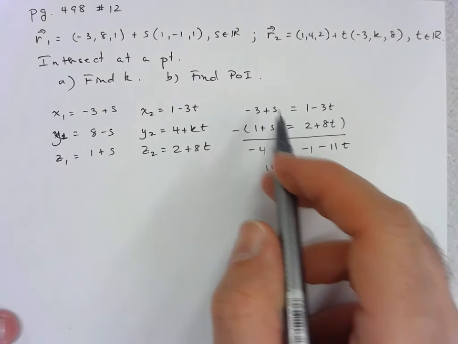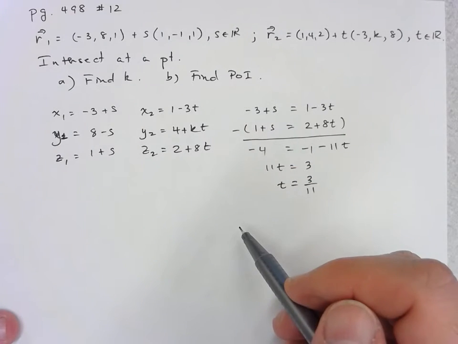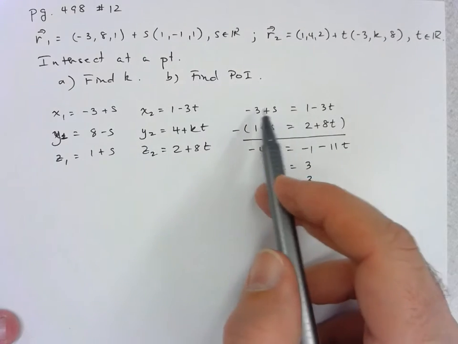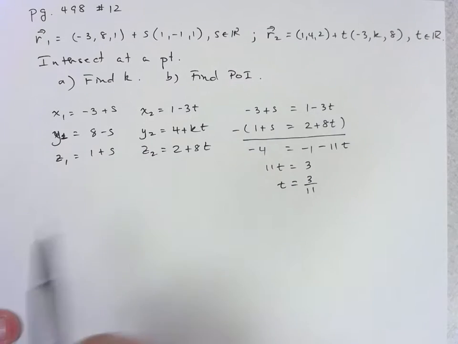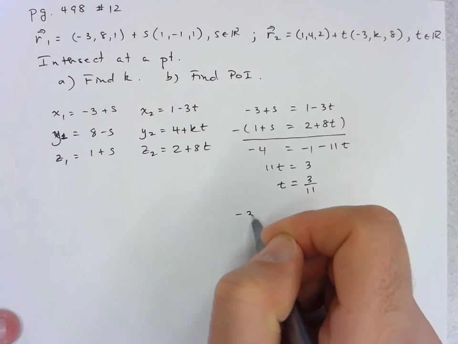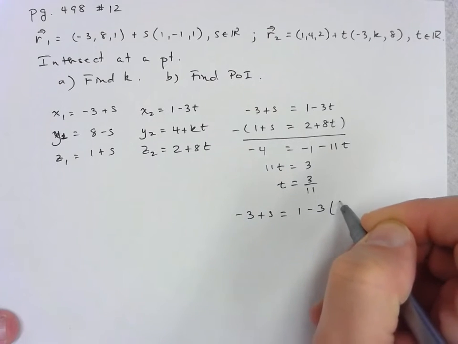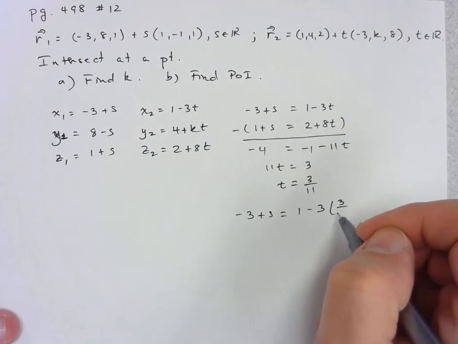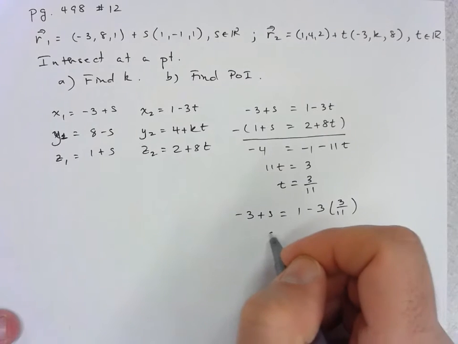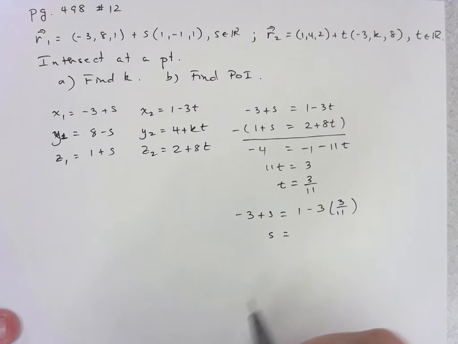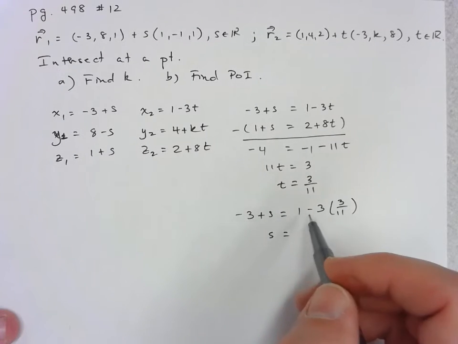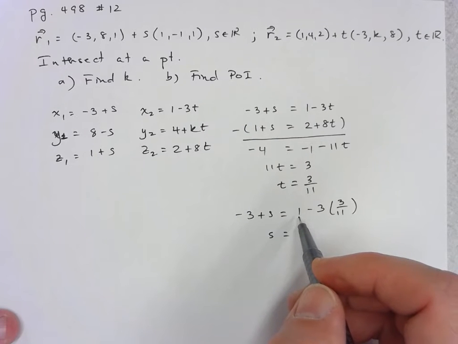So now that we have the t value, we can use one of the equations to find the s. And so here I think that first equation is the easiest one to use. So we have negative 3 plus s is equal to 1 minus 3 times t, which we just found to be 3 over 11. So s is equal to, this is 1 plus 3 is 4, which I'll write over 11.